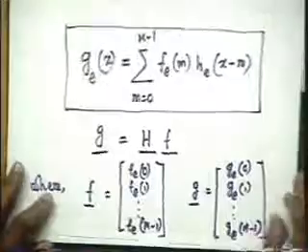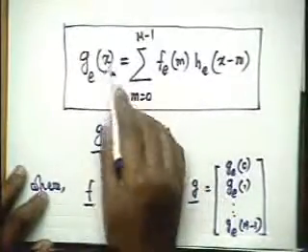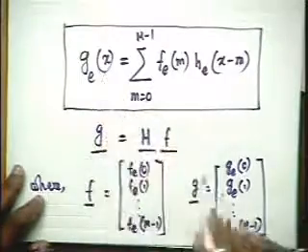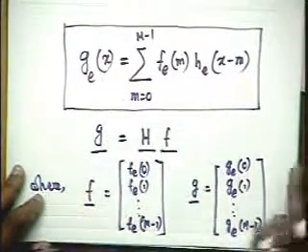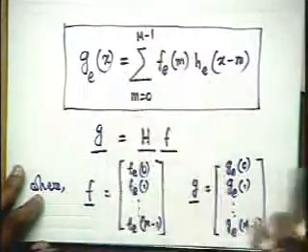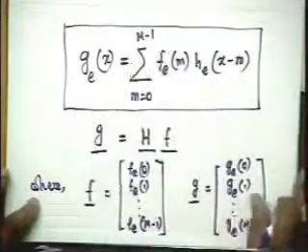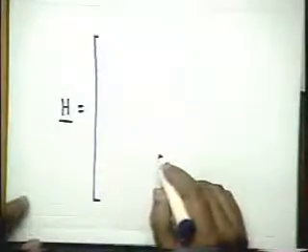So what will be the first row? The first row will correspond to GE0, that is, corresponding to x equal to 0, and there will be capital M number of elements, starting from small m equal to 0 to M minus 1. Can you tell me the first row elements? First row, first element, HE0.